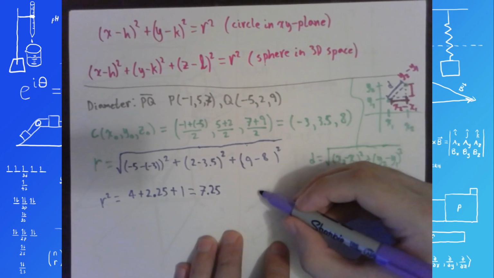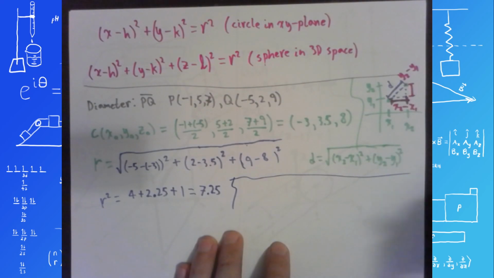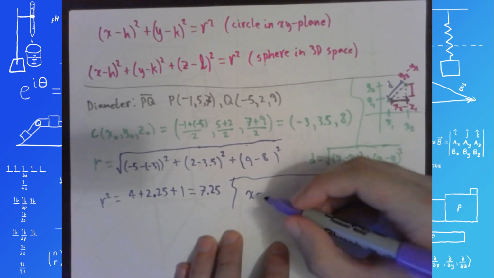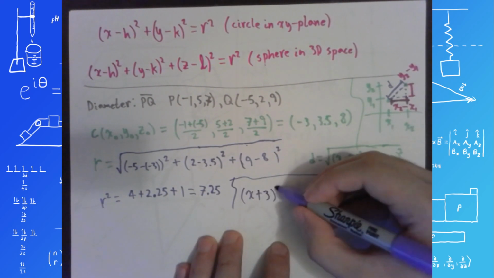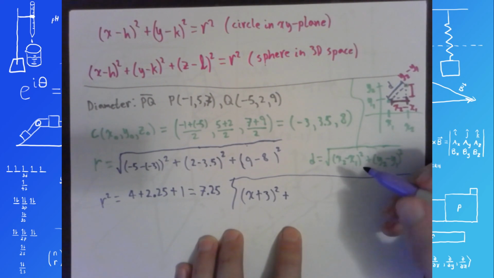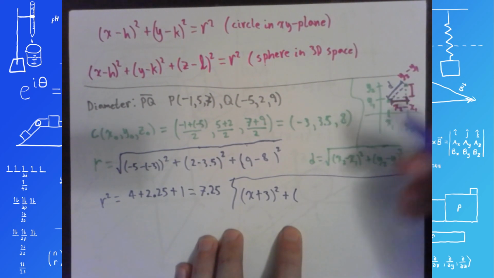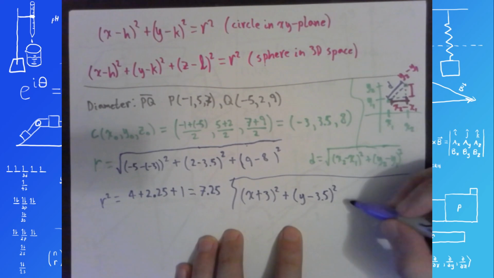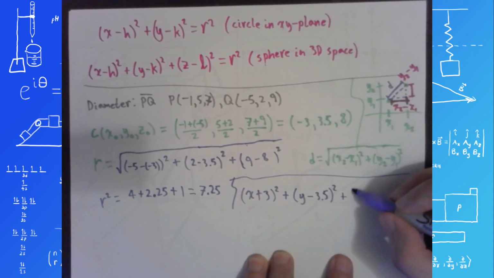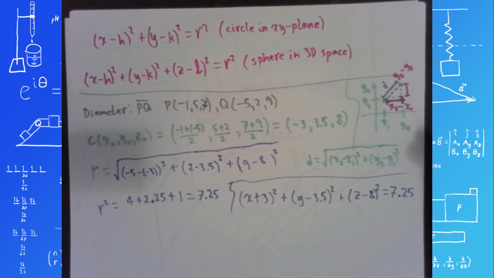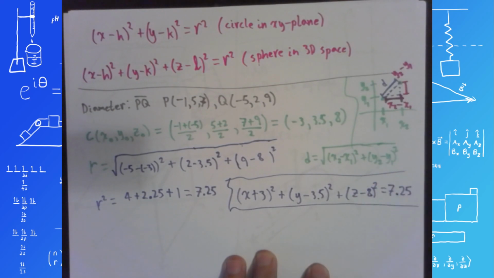So the equation would have to be x minus -3, so x plus 3 squared, plus y minus 3.5 squared, plus z minus 8 squared, equals 7.25. That would be the equation of our sphere.